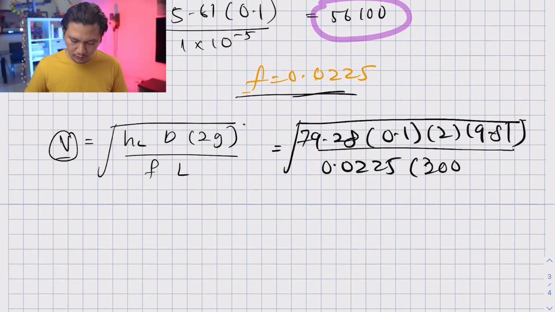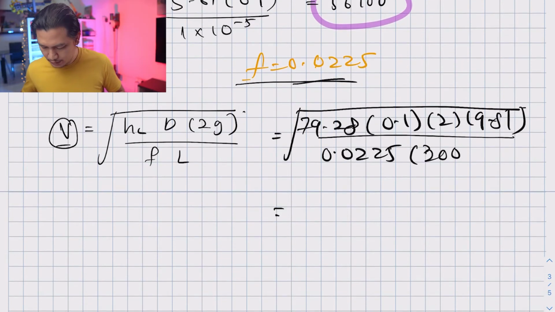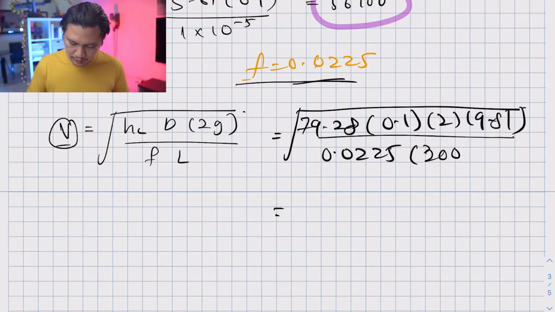Okay, and square root of all of that. I'm going to get 79.28 times 0.1 times 2 times 9.81 divided by 0.0225 divided by 300, and square root of that, 4.8 meter per second.